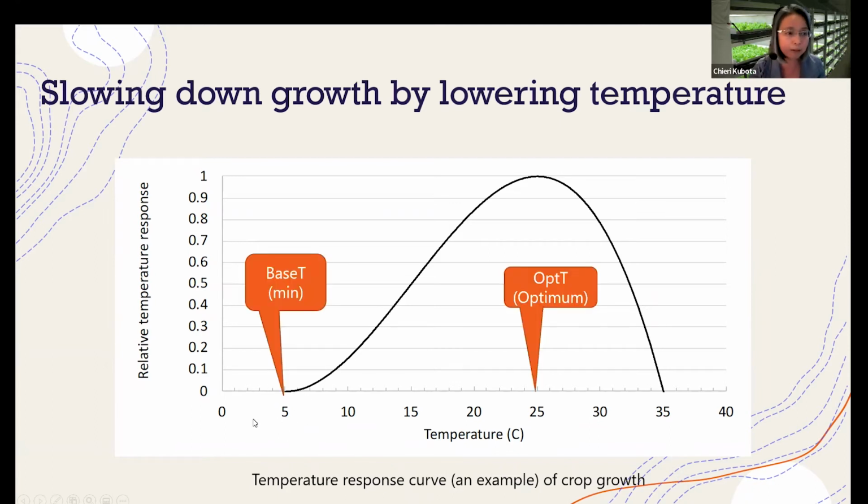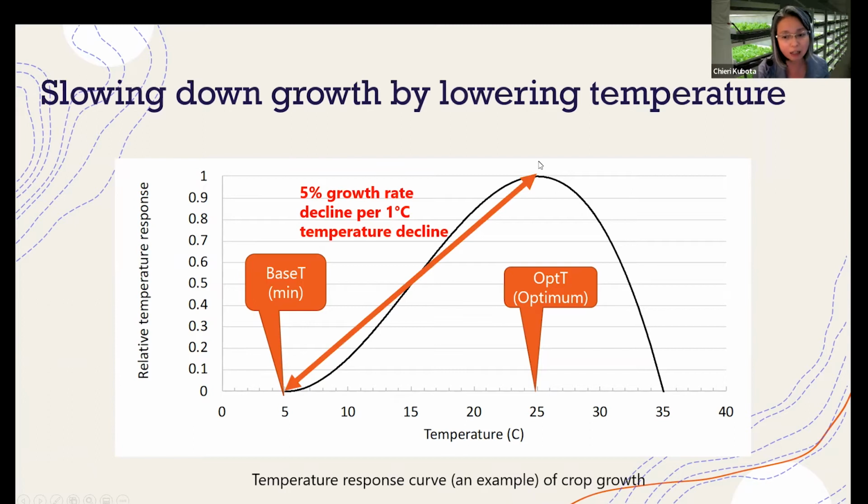So that the typical mountain shape or shifted mountain shape can be created, knowing the base temperature and then also the optimum temperature. And once you know those important temperatures, then you can create a linear range starting from the base temperature, 5 degrees C in this example, ending at 25 degrees C in this example.